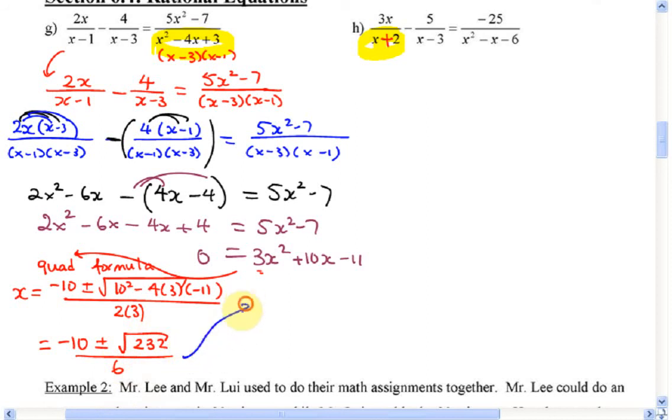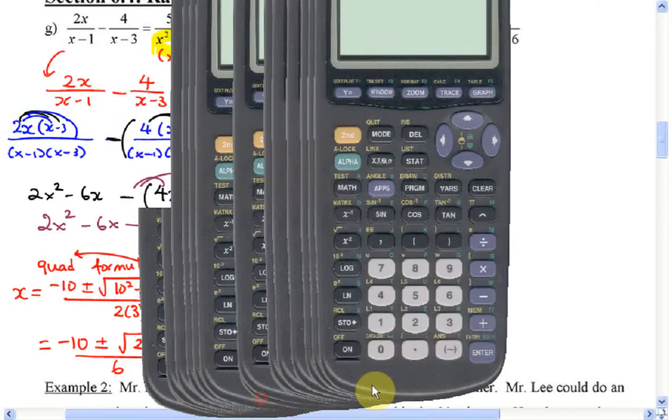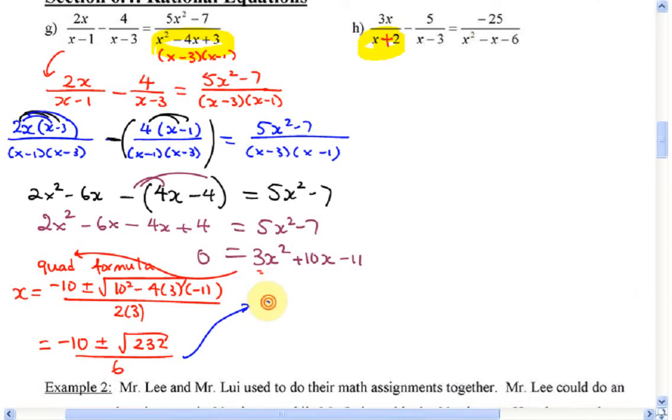Now for this one, because it's an ugly number like this, I'm going to ask you to give me decimal solutions. So let's use your calculator now. Bring out your calculator. Let's see if we can find some decimal solutions to this question here. So that will be negative 10 plus the square root of 232. I will press enter, then divide by 6. How about 0.87 as one solution?